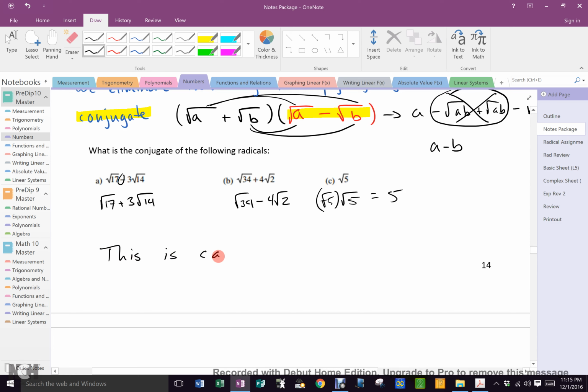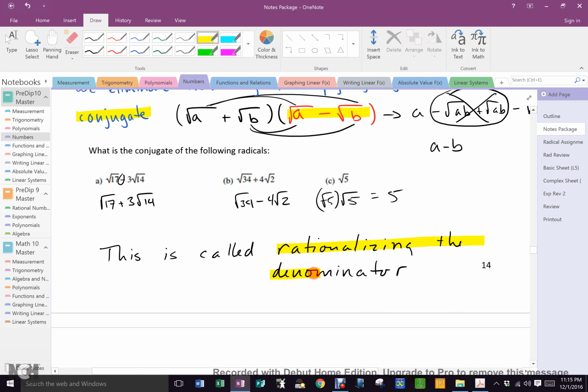This is called rationalizing the denominator. And it's called that because we are making irrational roots rational.